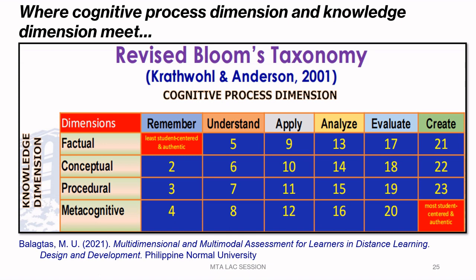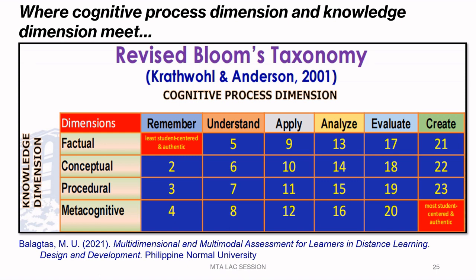Hence, a test item could be remember factual, remember conceptual, remember procedural, and remember metacognitive. This is also true in the following levels, such as understand, apply, analyze, evaluate, and create.